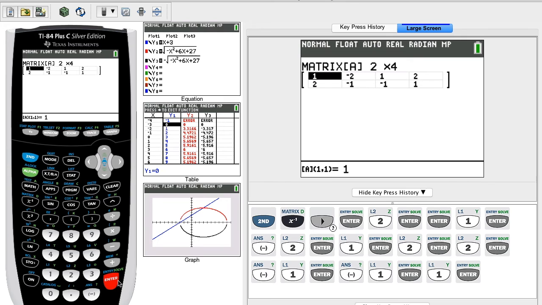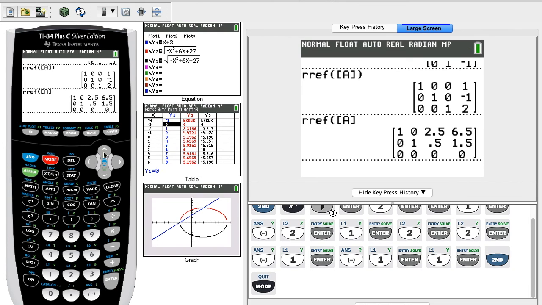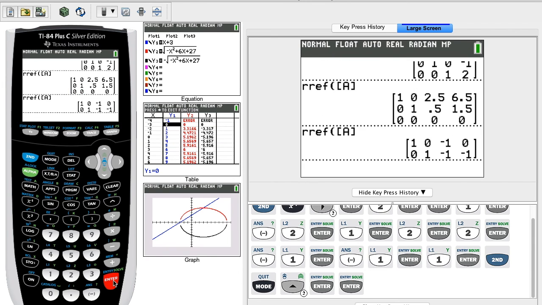And now that we have this typed in, again, we're going to go second quit to come back here. And I'm going to go up and use the REF that we already have and hit enter, and it will give me this augmented matrix. And we're going to use that here in a minute.